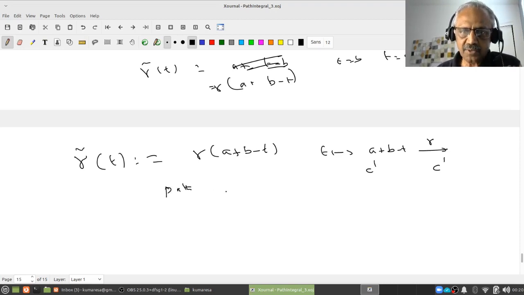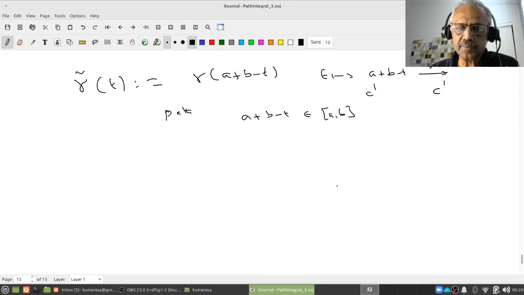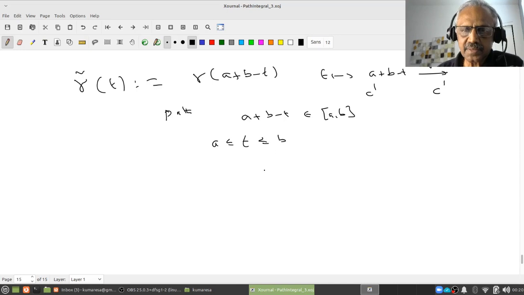And next I have to make sure a plus b minus t lies in the interval [a, b]. Then only gamma will make sense, right? That's again very easy for you to check. Are you following what I am saying? Take t, where a is less than or equal to t, less than or equal to b, right?